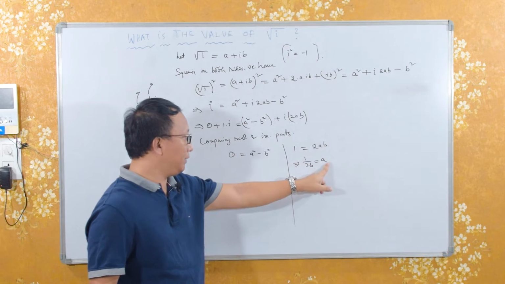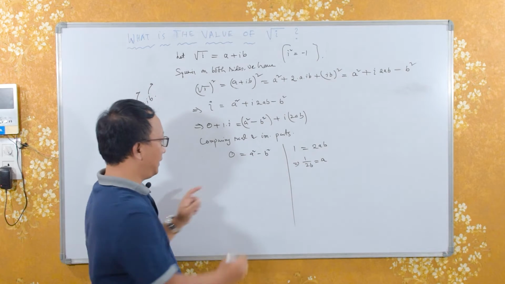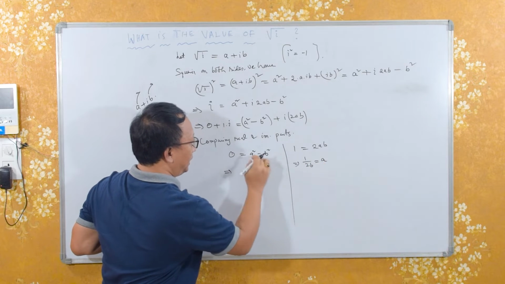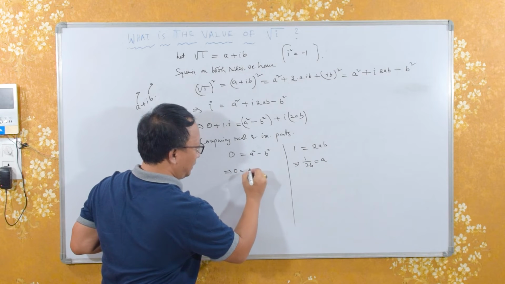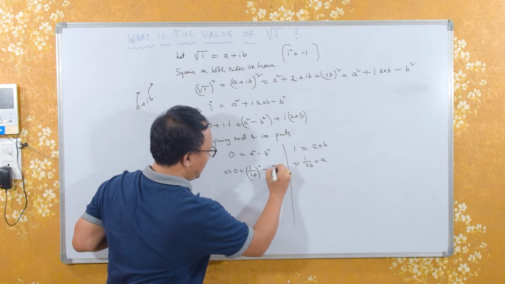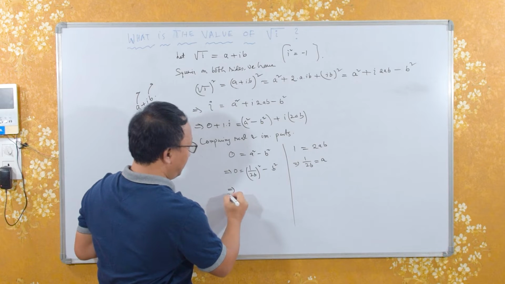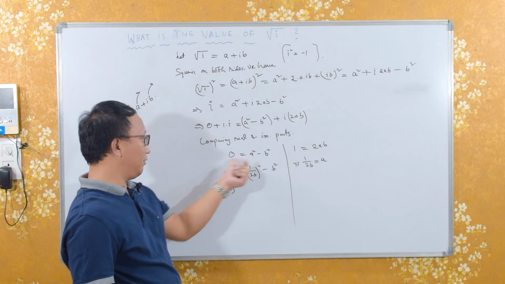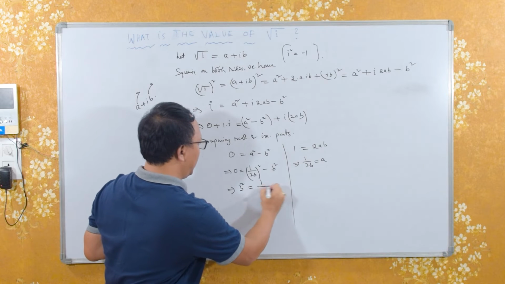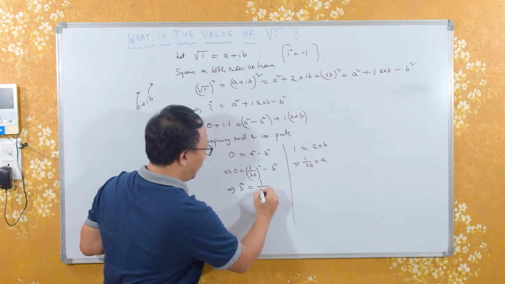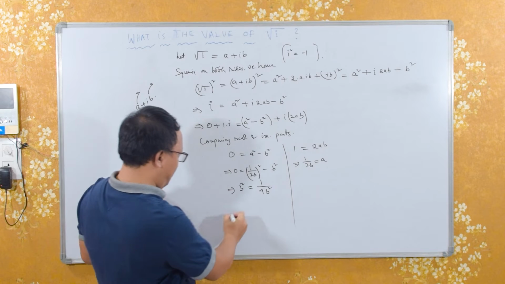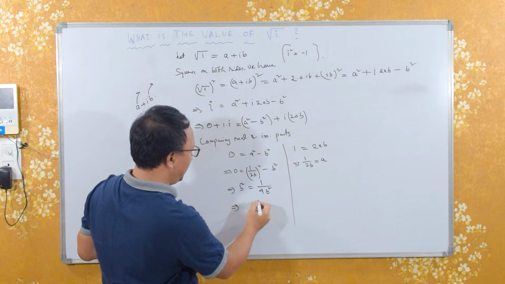I can put this value of a over here. It implies 0 = (1/(2b))² − b². I can bring b² over here: b² = 1/(4b²).